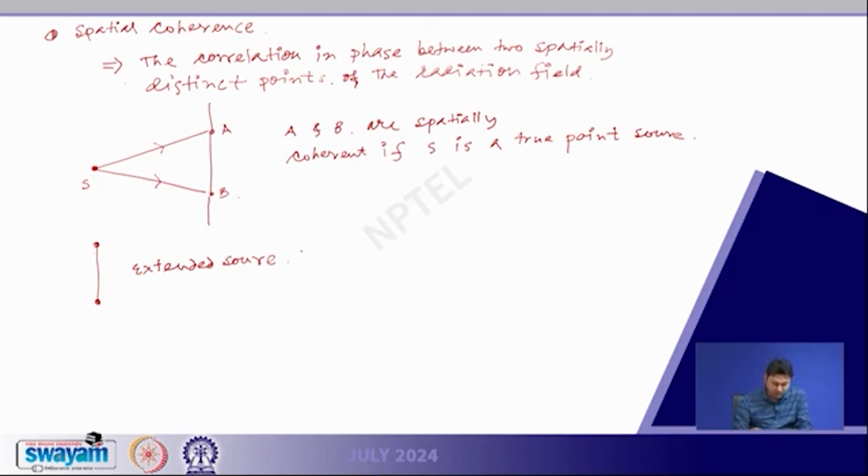So, this extended source in general can be treated as a collection of mutually incoherent point sources.